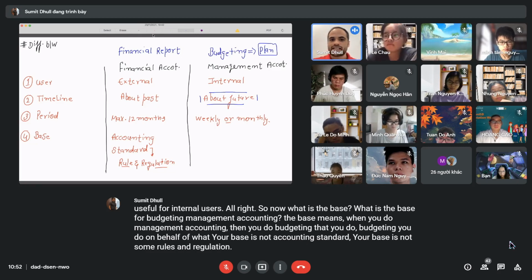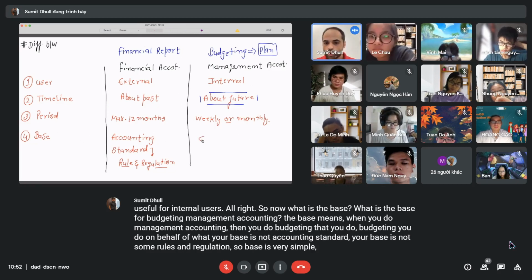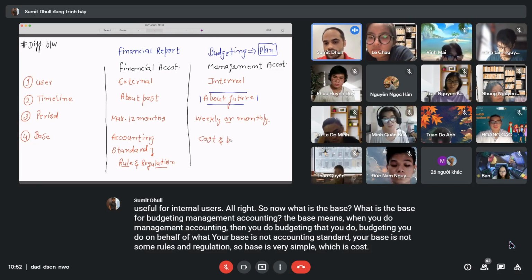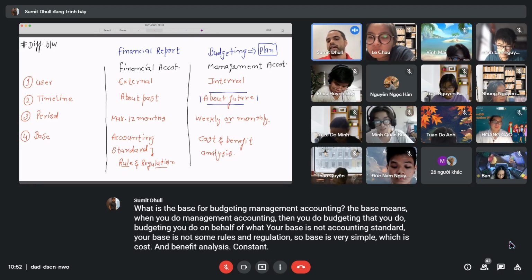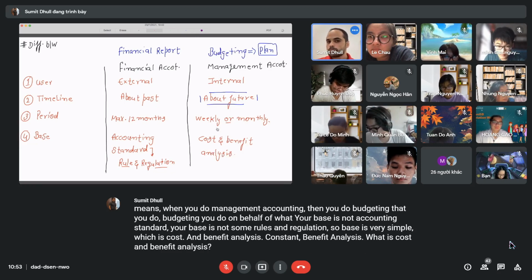So base is very simple, which is cost and benefit analysis. What is cost and benefit analysis?